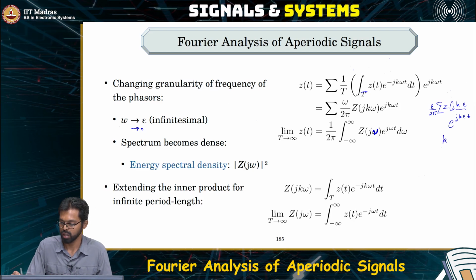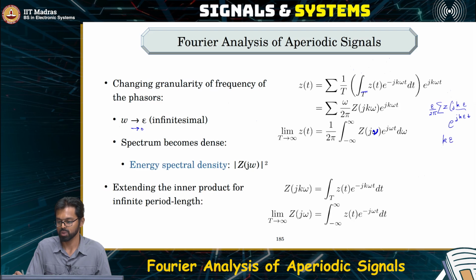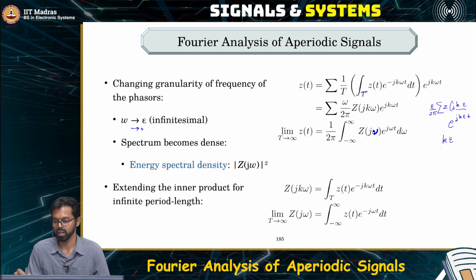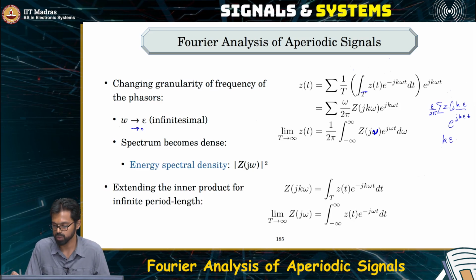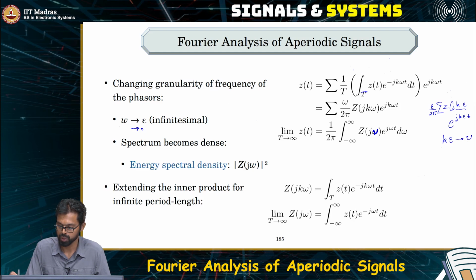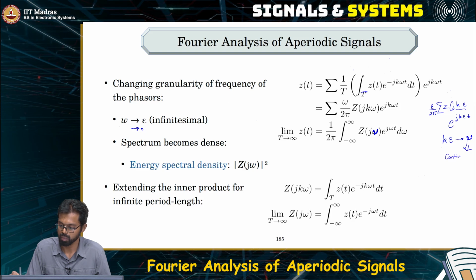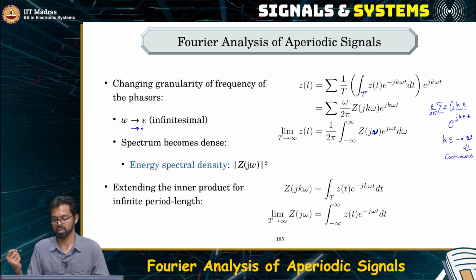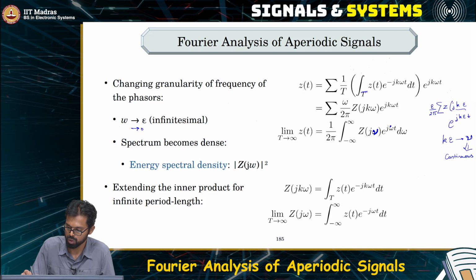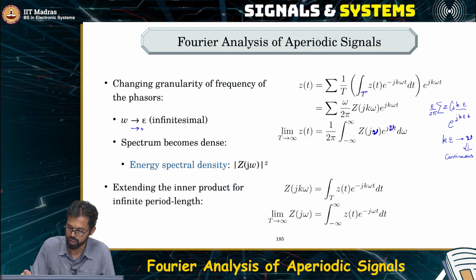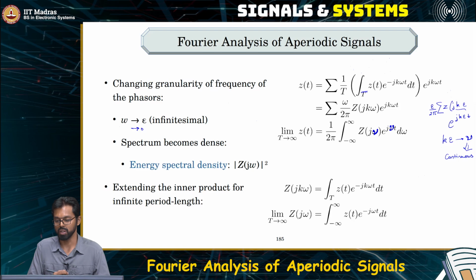So we'll say omega is very, very small, so we'll replace omega with k epsilon. Now k epsilon is a continuous number, so we'll replace that with some nu. We'll say that this is continuous. So now, wherever there is k omega, you replace that with a continuous variable nu.